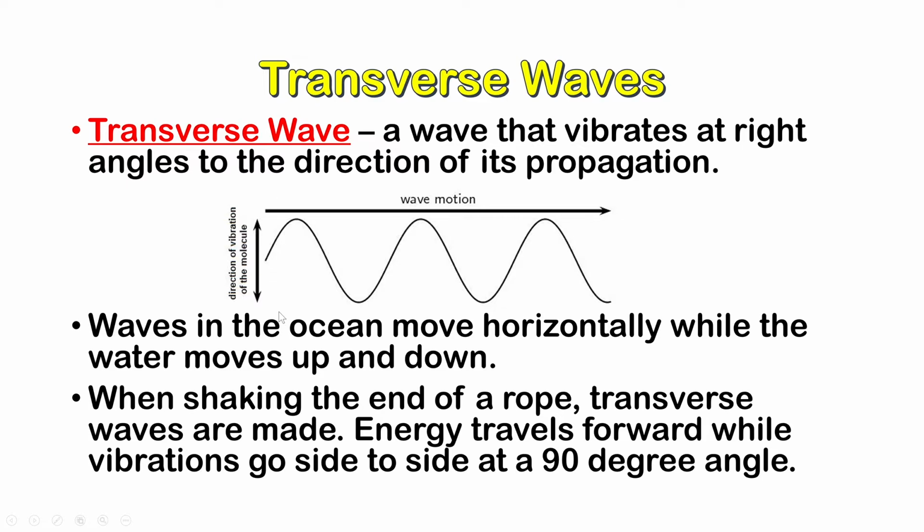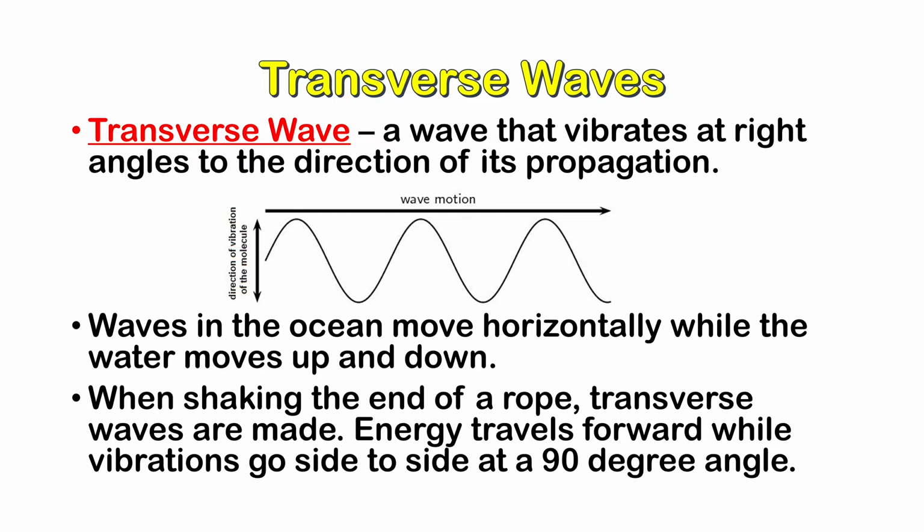So the motion of the wave and the energy of the wave in this example is going to the right. But the vibration of the molecules or the matter is going up and down. So that's what it means by the right angle. So the matter is going up and down while the energy travels to the right.